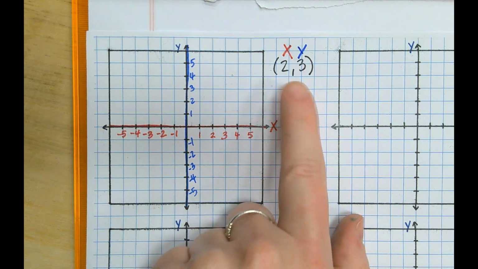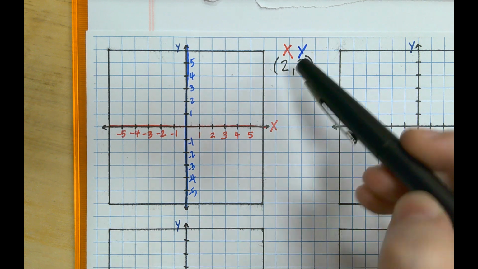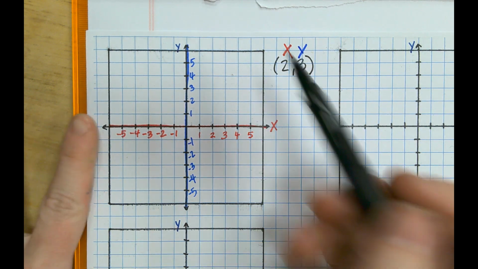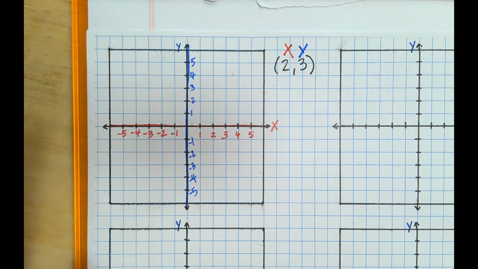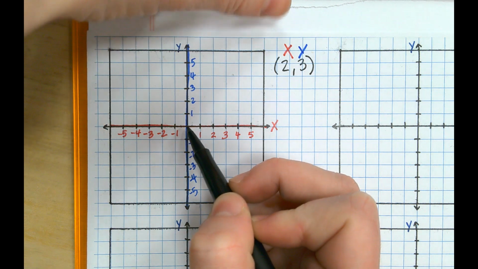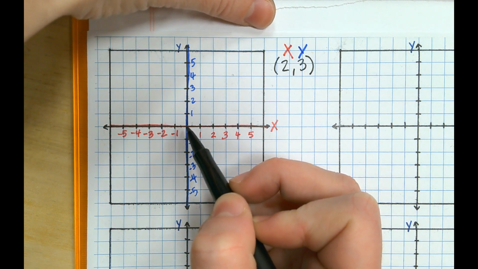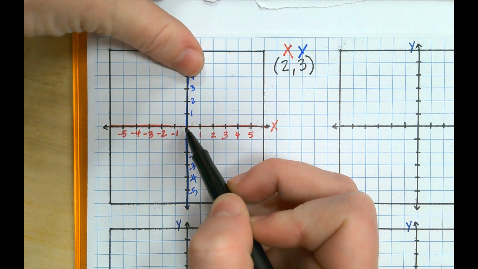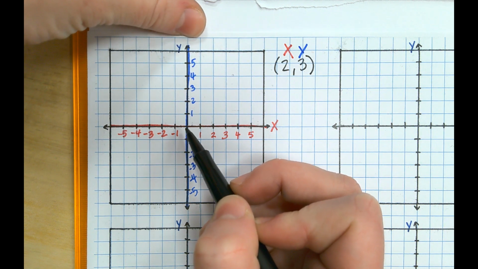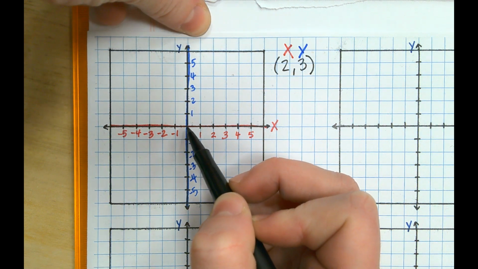So we're going to use this as a guide to tell us where to put our point on the graph. We always start with x, and we always start on 0, so we start in the middle of our graph when we count. What's my x value in this coordinate? 2. Going over 2. Should I go to the right or the left? To the right. Why?